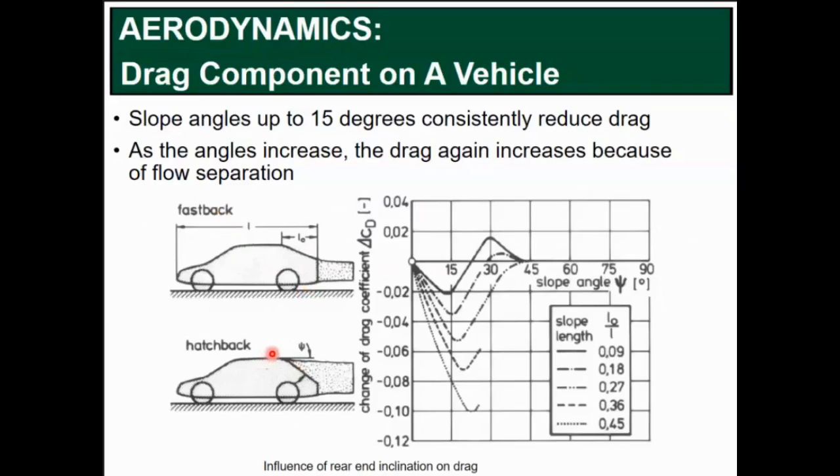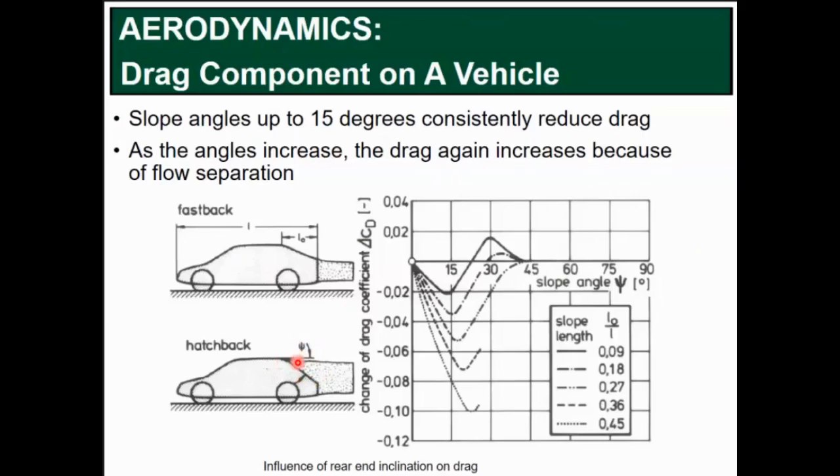And then we look into the graph here: change of drag coefficient, CD, and delta CD versus the slope angle. Slope angle is the angle between the inclined face at the rear and the horizontal top of the vehicle.